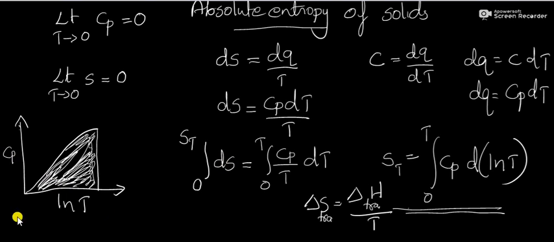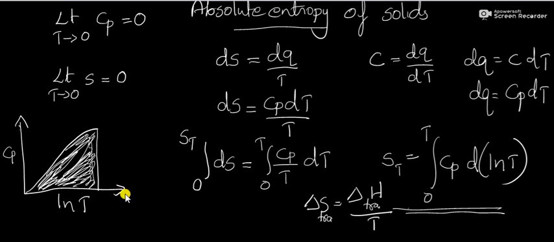And this calculation is for a solid substance that does not involve any transition, that is, a change from one crystalline form into another crystalline form.